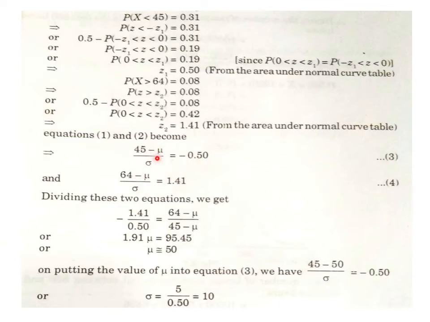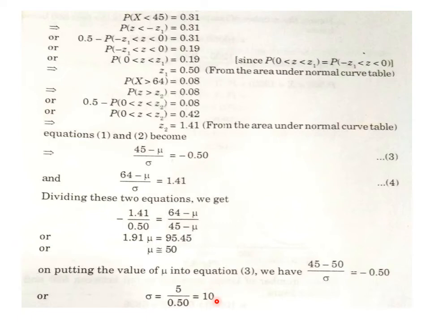Solving two equations in two unknowns is an easier task. The values of mu and sigma are finally obtained as mu approximately equals 50, and if mu is 50, then sigma equals 10. So these are the required values. The mean equals 50 and the standard deviation equals 10. So that completes this solution.